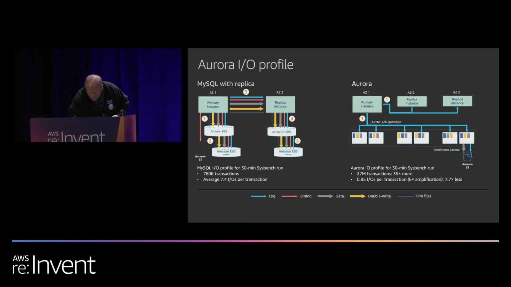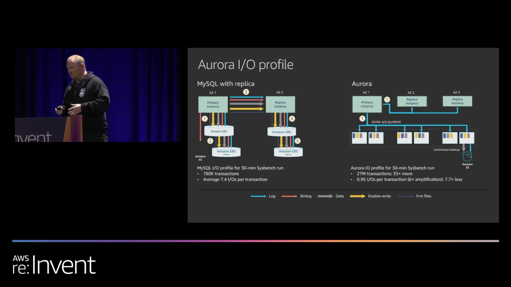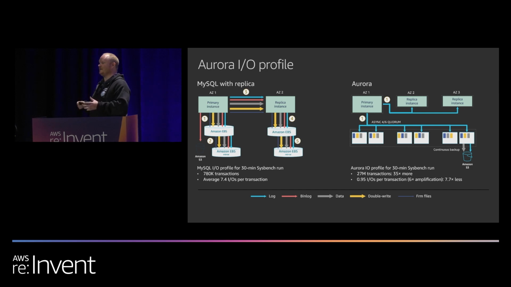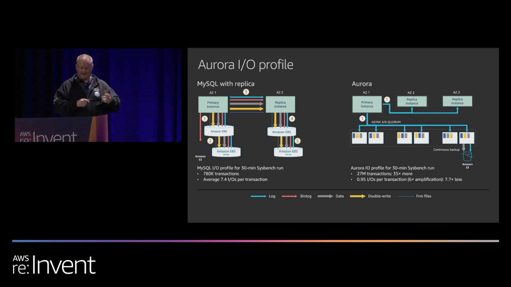And then you can see here, if you look closely, on the writes to Amazon S3, we have both the log records, the blue arrow, and then we also write the gray records, or the data pages. These are the checkpoints to be able to recover fast in terms of point-in-time recovery.